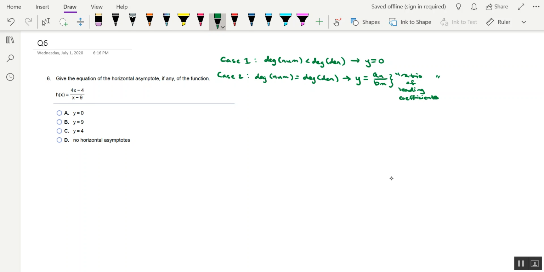So we form a fraction out of the leading term's coefficient of each of the polynomials.